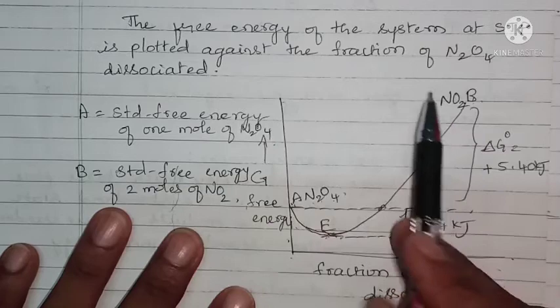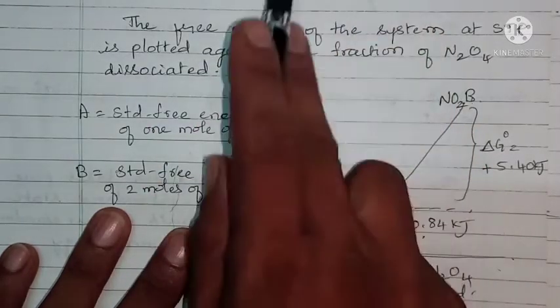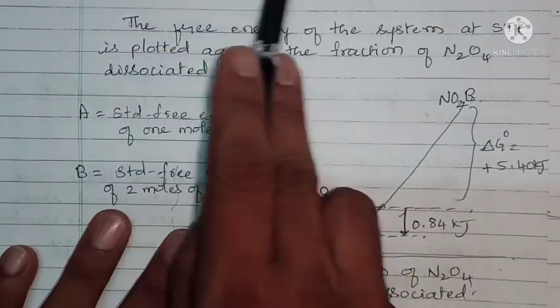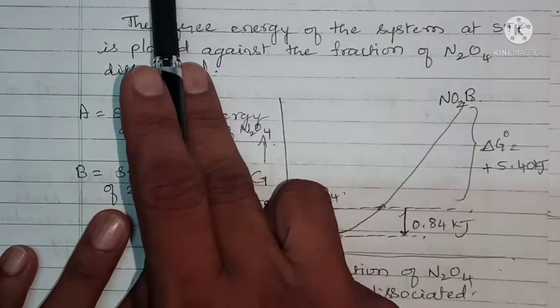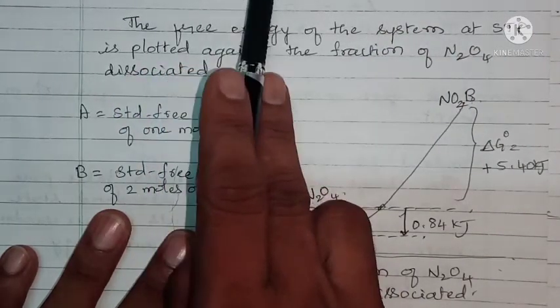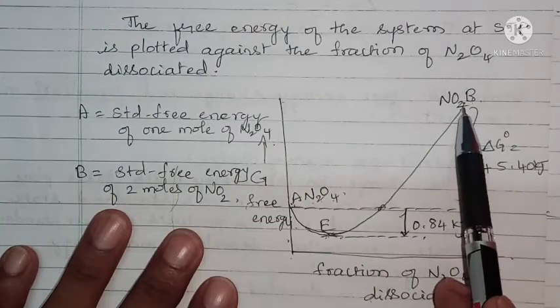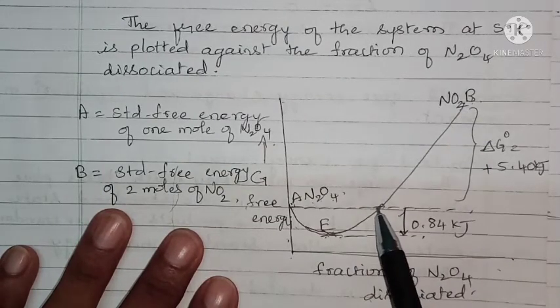The difference they have already mentioned here. Delta G naught, the free energy change for this reaction, is plus 5.4 kilojoules per mole, meaning the difference in products minus reactants.